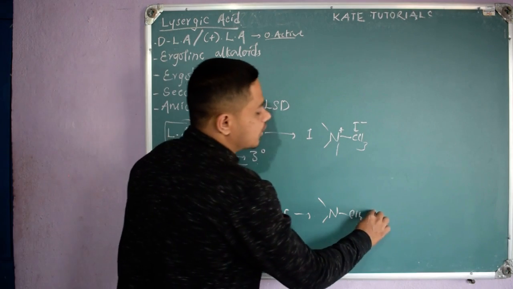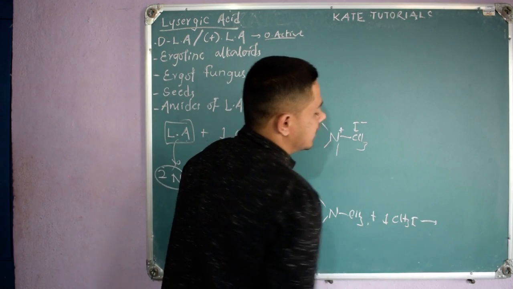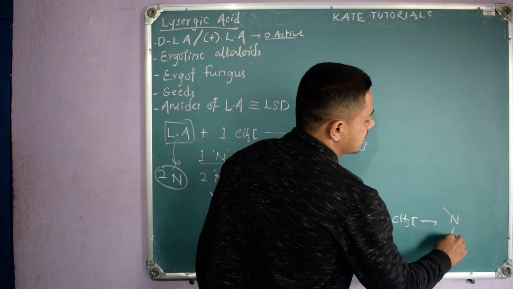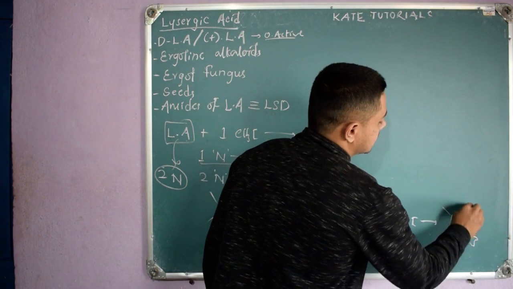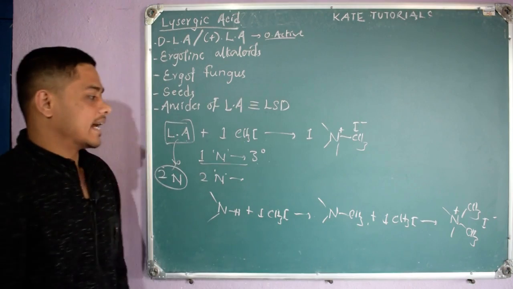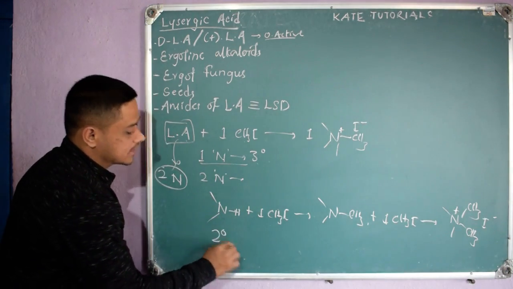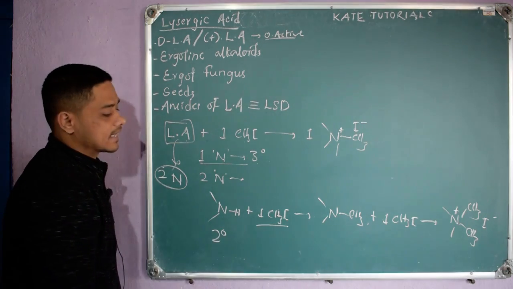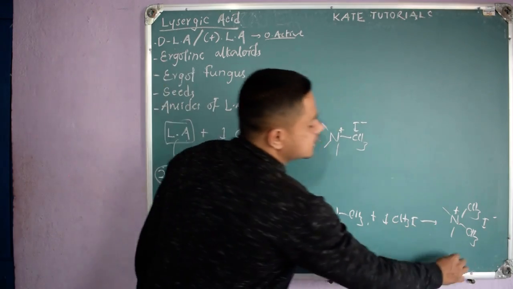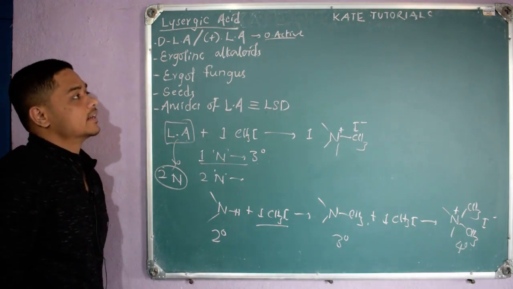Further, it consumed one more equivalent of methyl iodide, so it now formed a quaternary salt like this. This means that this nitrogen should be secondary, because once it consumes one molecule of CH3I, it forms a tertiary amine, and further it forms this quaternary amine. So this nitrogen is secondary.